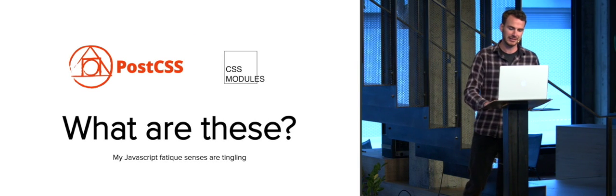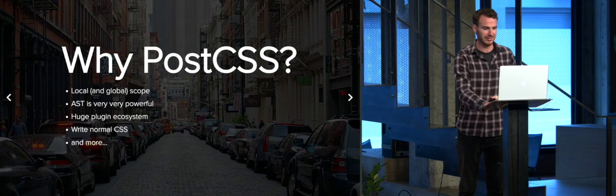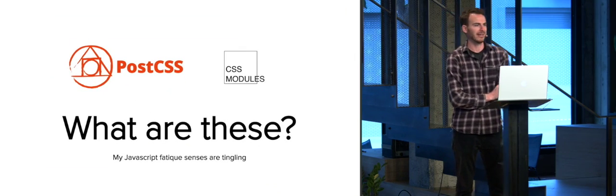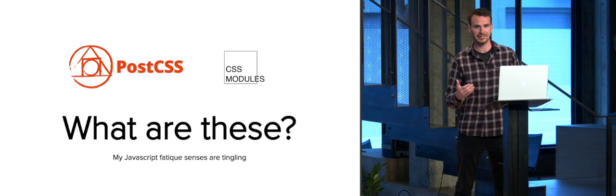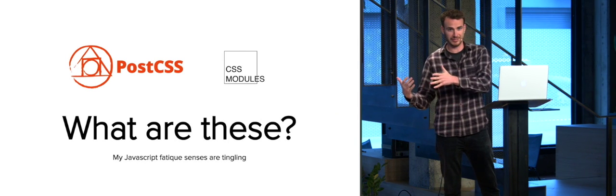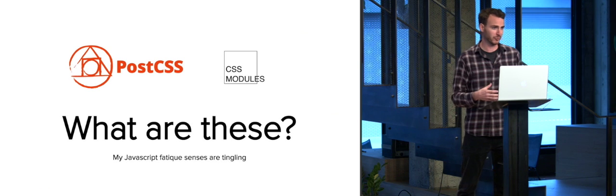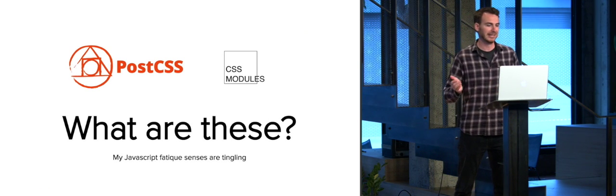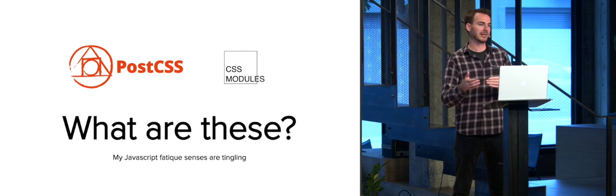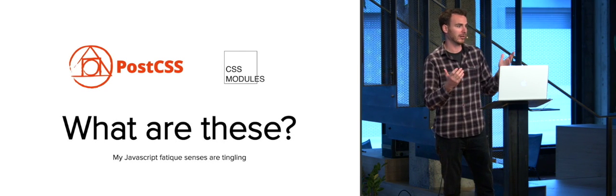And basically, if you're familiar with Babel for JavaScript, Post CSS is the Babel for CSS, where it transforms your CSS into an abstract syntax tree, and then you can transform it in any way that you want.